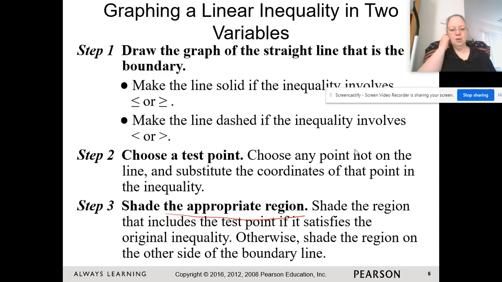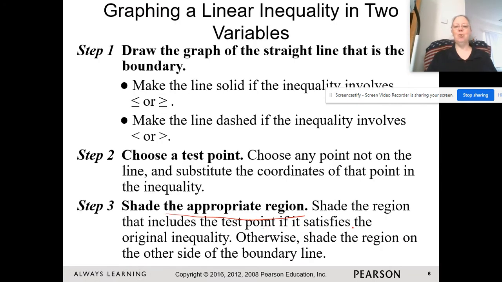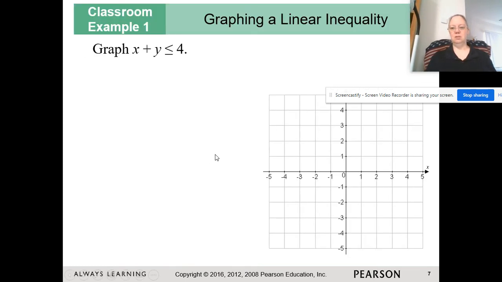Shade the region that includes the test point if the test point satisfies the original inequality. Otherwise, if it does not satisfy the original inequality, you have to shade the region on the other side of the boundary line.